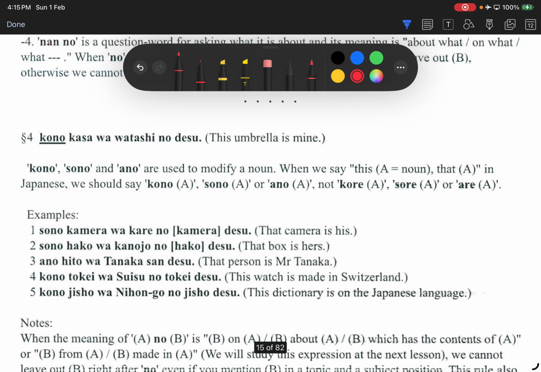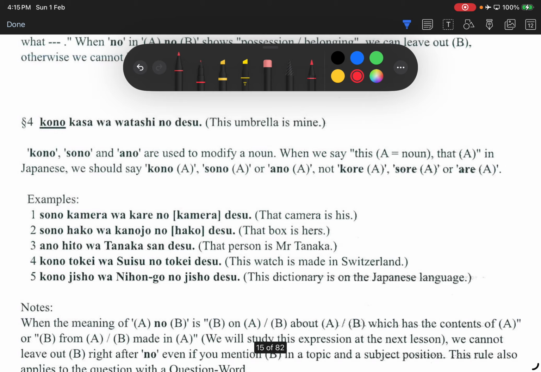So far so good? Okay. Then number 4, let's move on to the next section. Previously in number 1, we learned これ、それ、あれ. So now I want to welcome you to この、その、あの. So the difference is that in この, there's a no inside. So the no is like our particle. The item following the no has to be a noun.